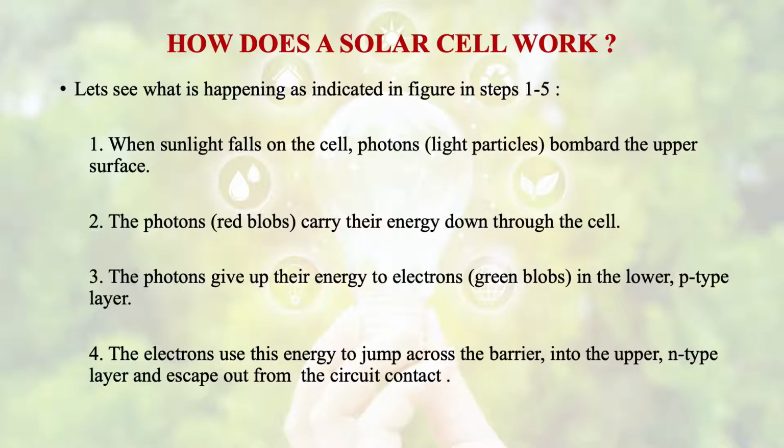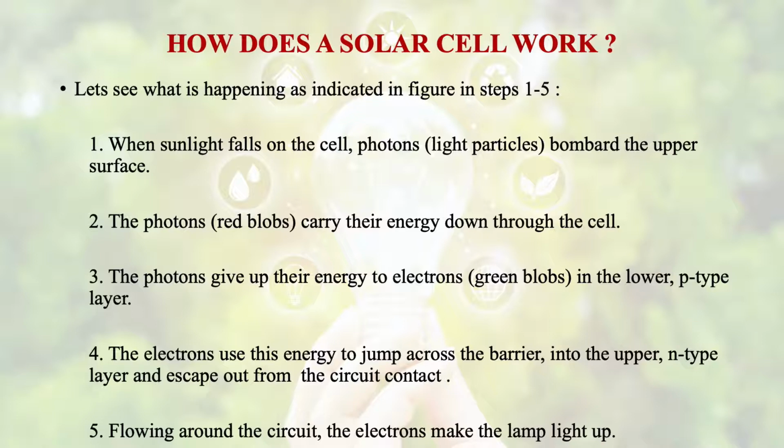In the fourth, the electrons use this energy which they obtained from the photon to jump across the barrier into the upper N layer and escape out through the circuit contacts. Then in the fifth step, which is shown in the figure, the current flows around the circuit, and the flow of electrons makes the lamp light up.